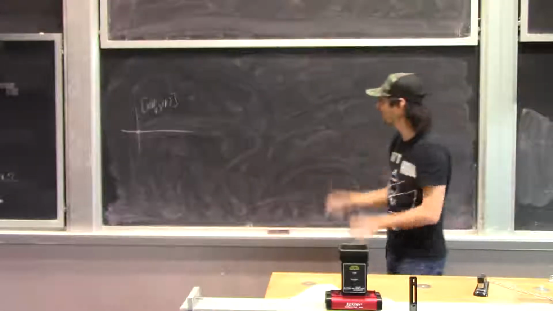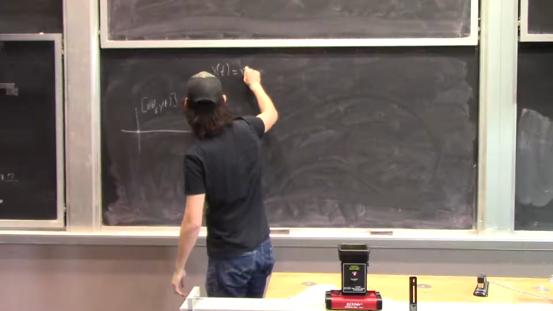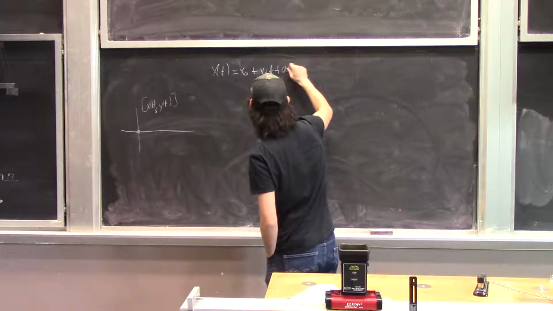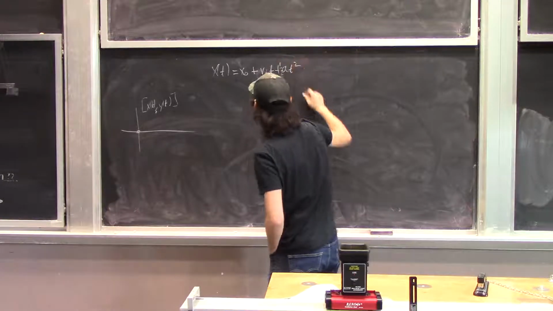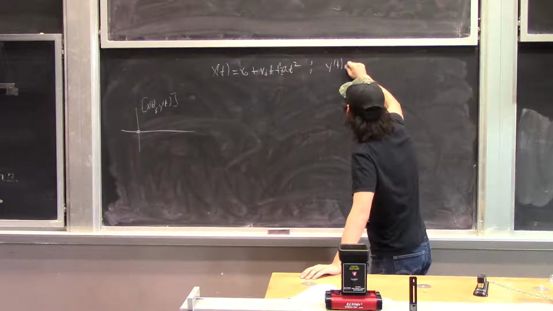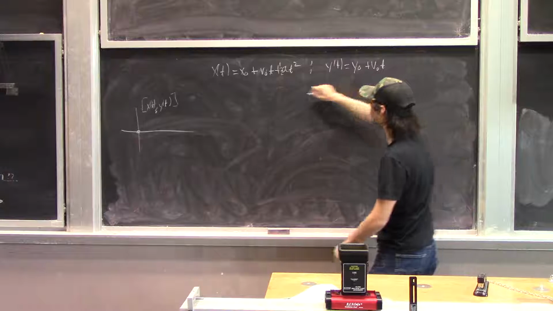Instead of, like we said last time, just having x of t is equal to x0 plus v0 t plus 1/2 a t squared, now there's also an associated y equation. So y of t is equal to y0 plus v0 t. Well, in principle, these should be different.